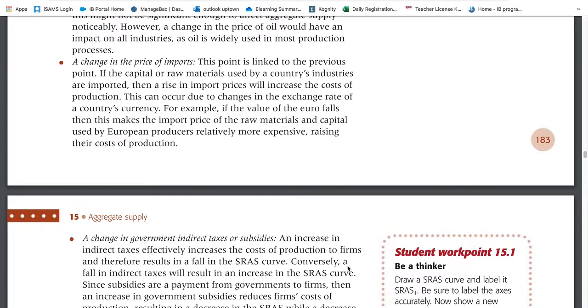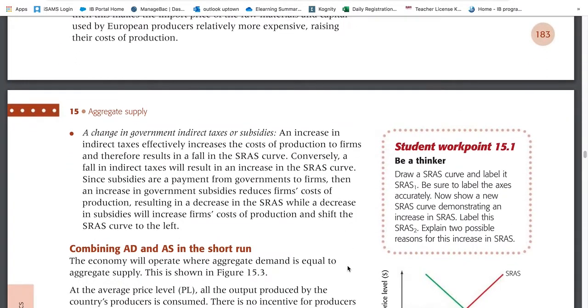If your currency is now weaker against an external currency, that will cause a shift, because although nobody raised prices, you're still paying more dirhams, if you're located in UAE, for that product in Europe, which is in euros, because of the difference in currency exchange rates. So remember, a change in the price of imports can also shift your aggregate supply curve in the short run.